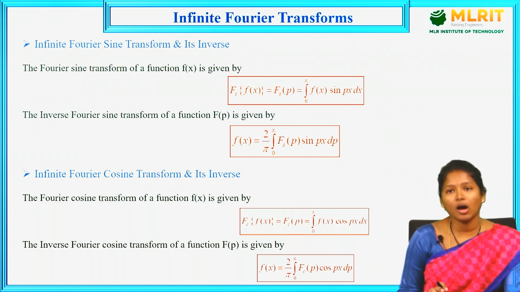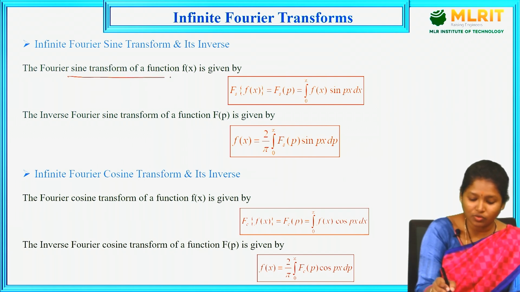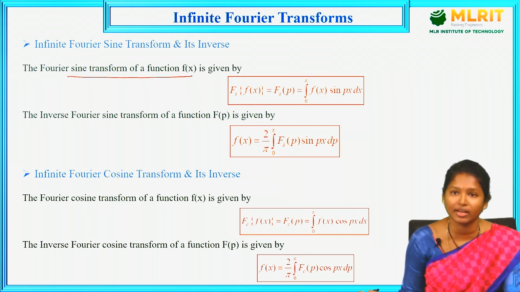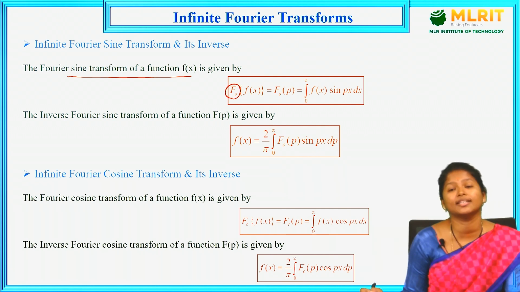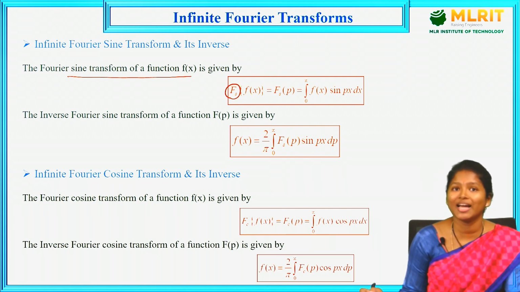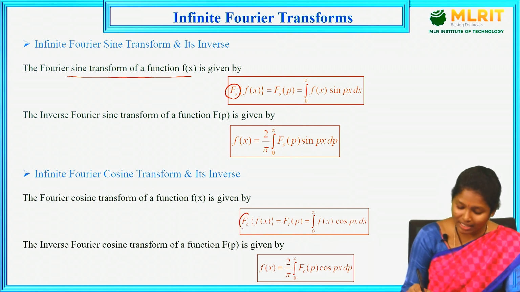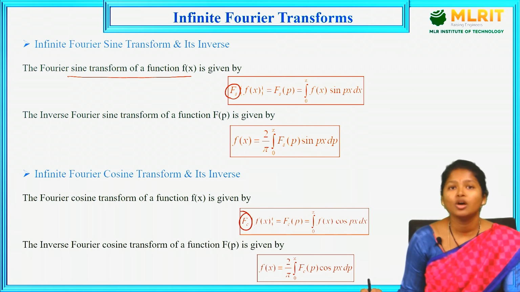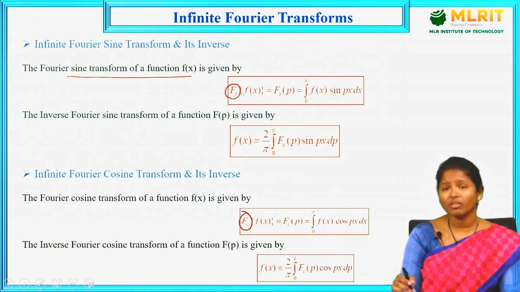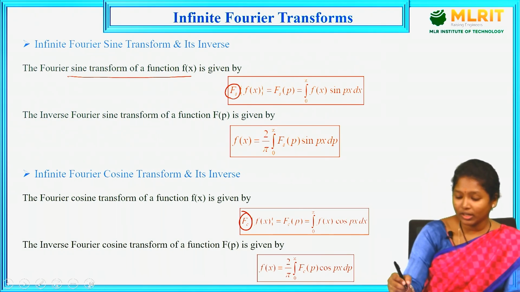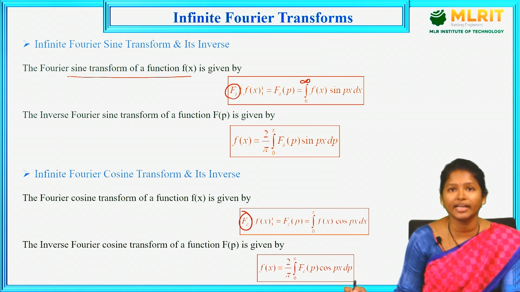These are the formulas for infinite Fourier sine and cosine transforms and their inverses. The Fourier sine transform of a function f of x is given by Fs of f of x. For the Fourier sine transform we write Fs, and for the cosine transform we write Fc. So Fs of p equals integral 0 to infinity f of x sin px dx.